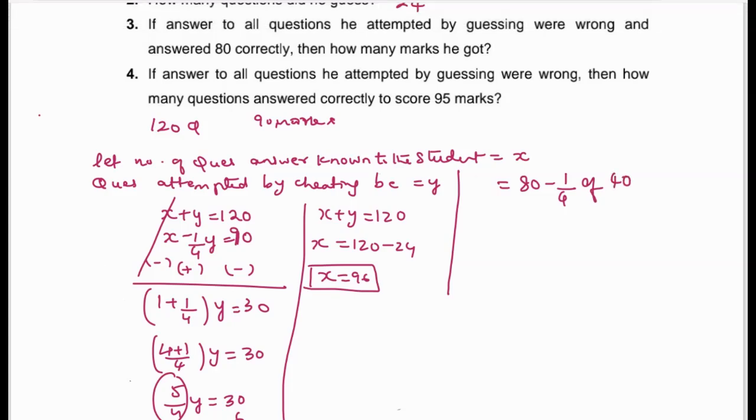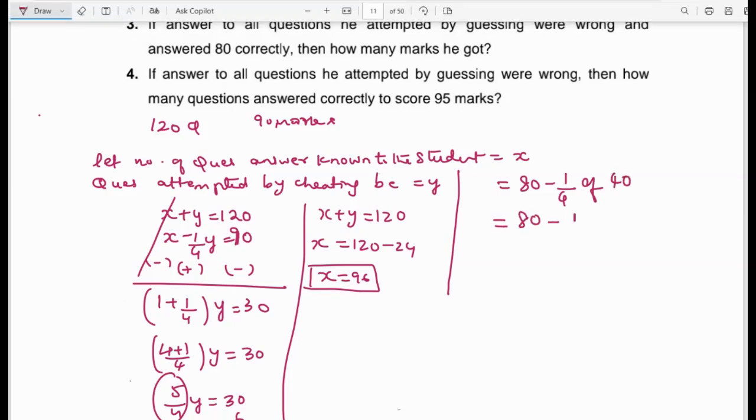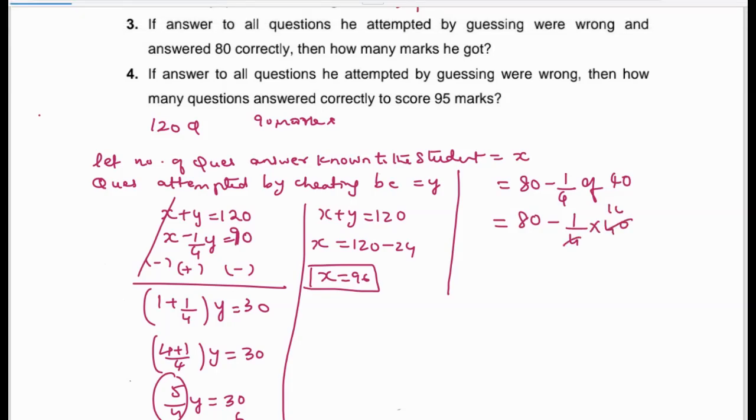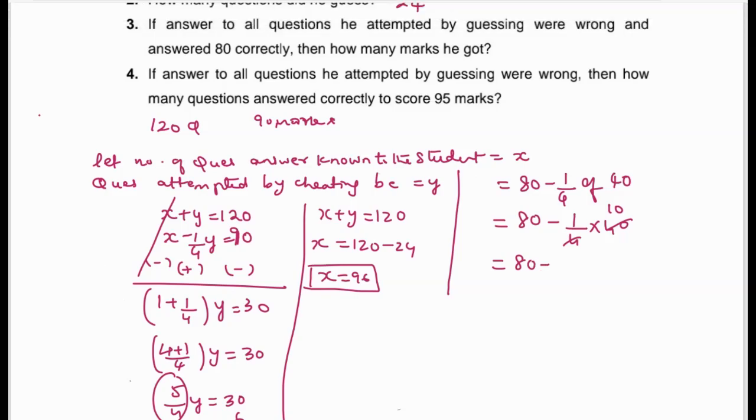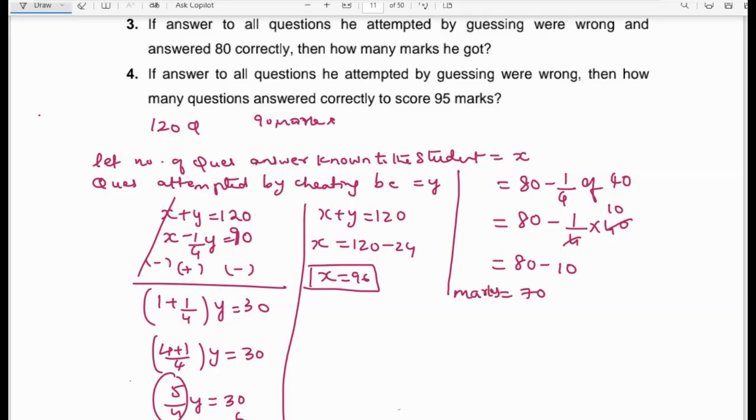So it will be 80 minus 1 by 4 into 40. 4 times 10 is 40. That will be 80 minus 10, which is 70. So the marks he obtained were 70 marks when he answered 80 questions, and all the remaining were guesses.